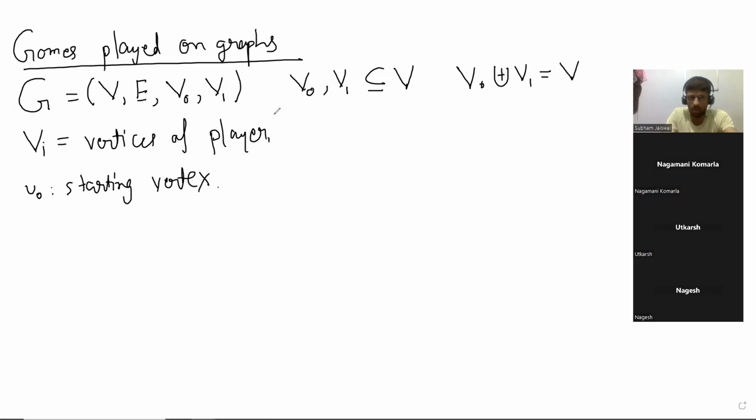That vertex could be any vertex in the graph. He could choose a vertex that again belongs to capital V0, and then again player 0 will make the move. Okay, it will go on like that. You could also imagine that a token is placed at v0, and the token keeps moving according to what I have said.